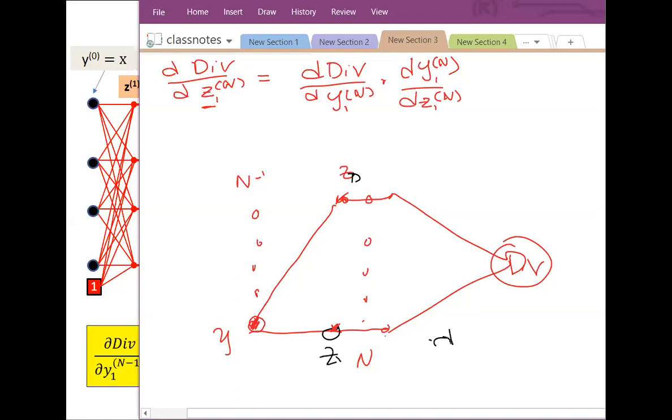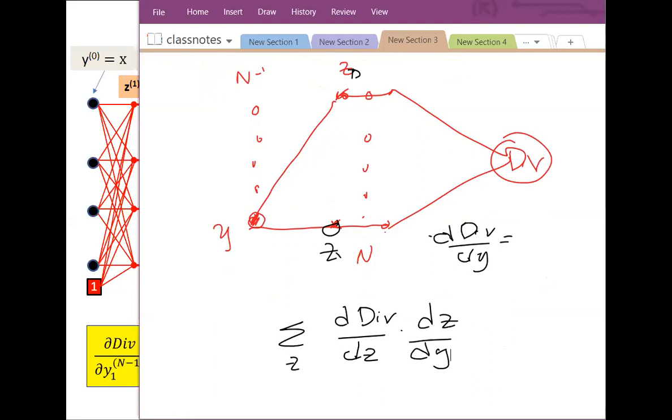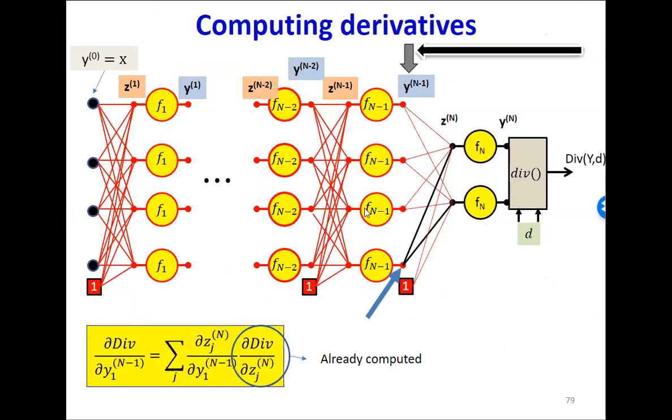So if I want the derivative of the divergence with respect to Y, I must sum over all of these Z's of the derivative of the divergence with respect to Z times the derivative of Z with respect to Y, simply because of the nature of the influence. So that's what this figure is showing.